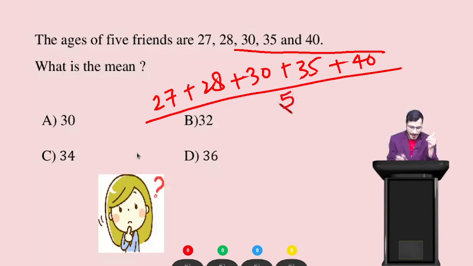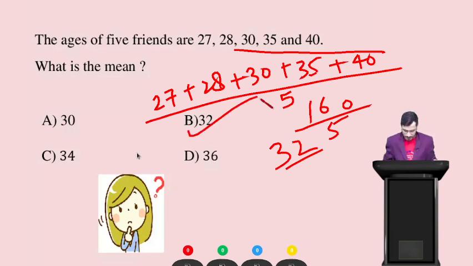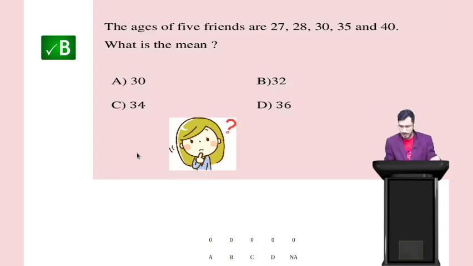Adding gives 160, divided by 5. So 5 times 3 is 15 and 1 or 0, that is 32. So the right answer is option B, 32.